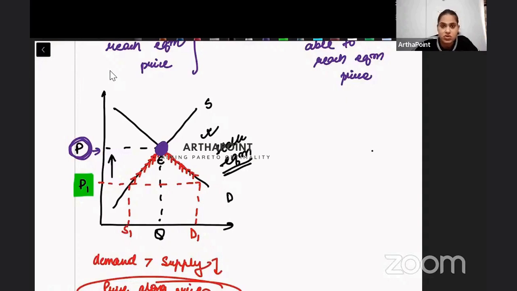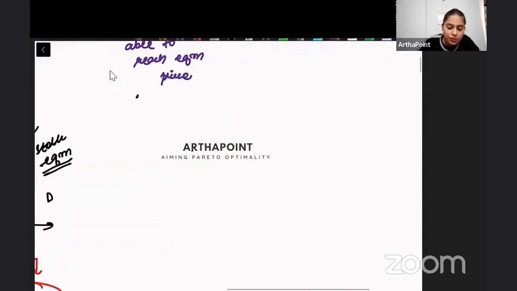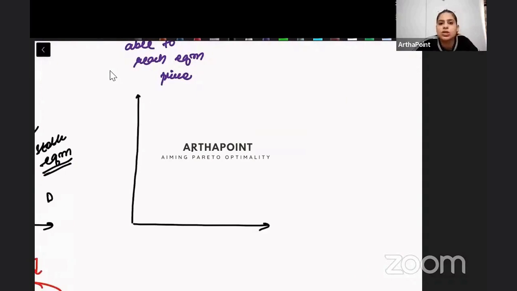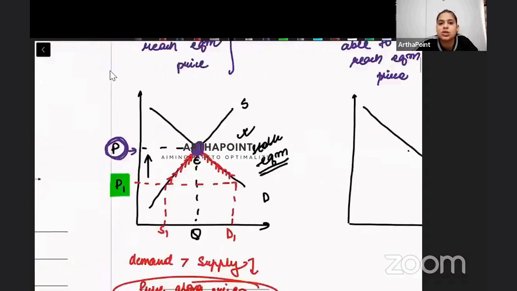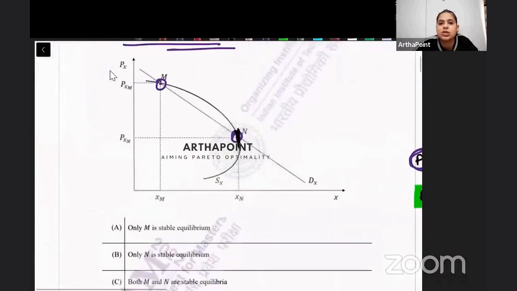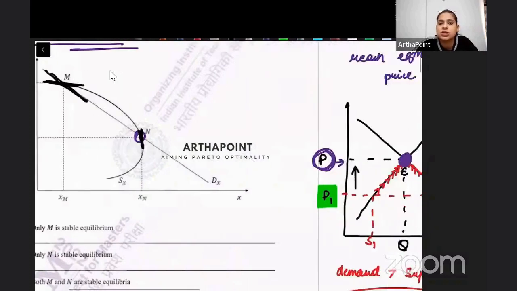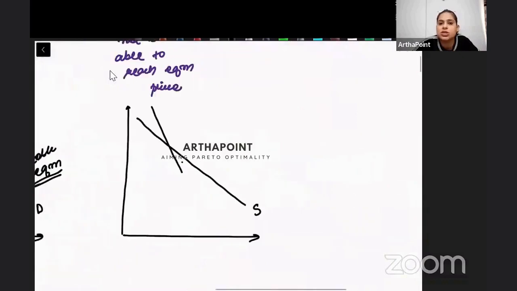Now let's reverse this scenario. We will take a downward sloping supply curve, let's take this as the supply curve, and a downward sloping demand curve, just like what happened at point M. I had a downward sloping supply curve and a downward sloping demand curve, so I am going to take both as downward sloping.